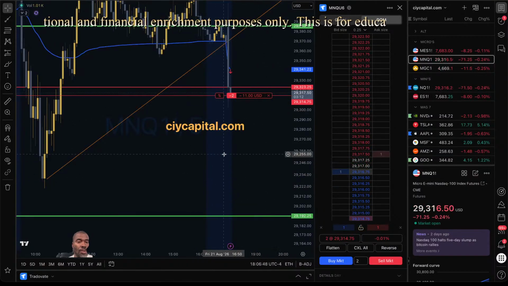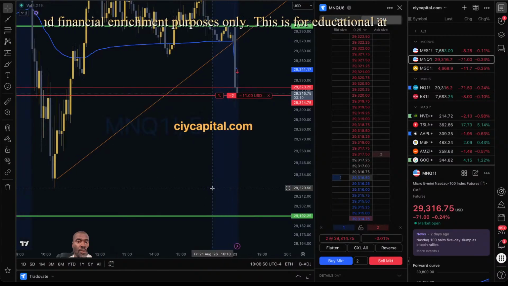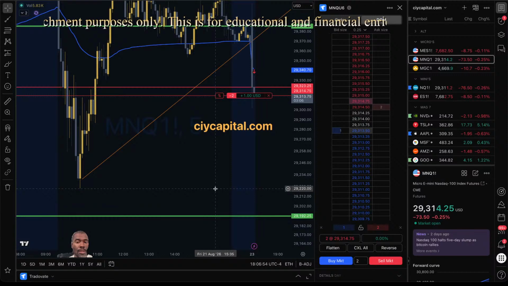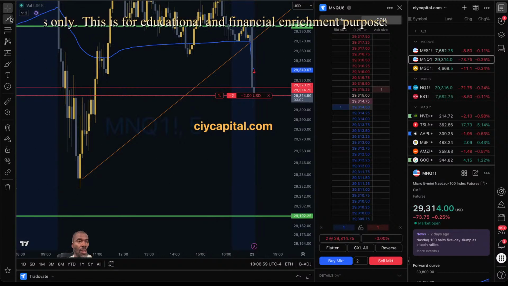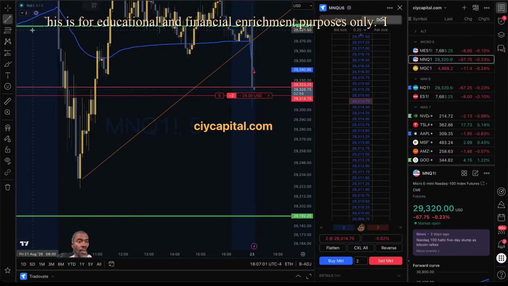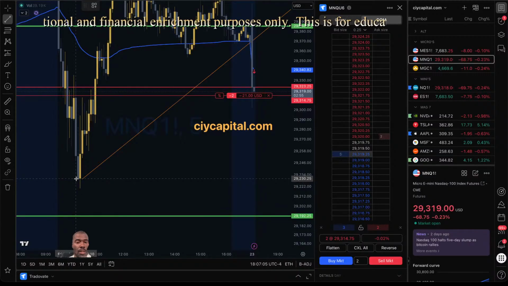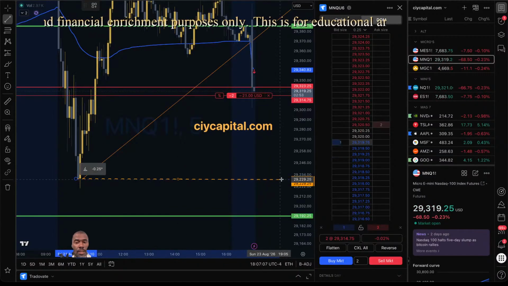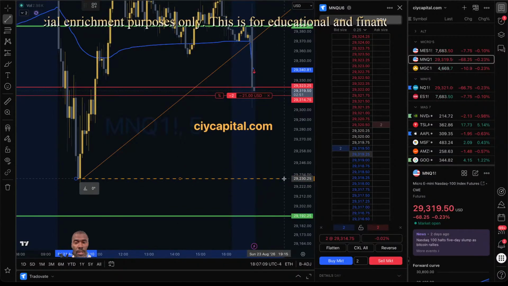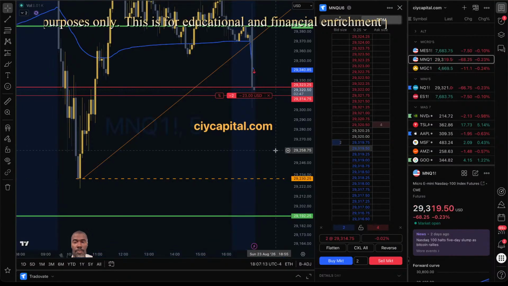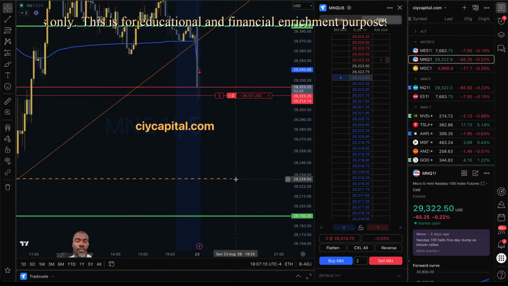Right now, I would go for a gauge to take out Friday's low, which is at 29,220. So I'm going to draw a little line down there, trend line, potential target. But to be on a nice conservative side, let's go right here at 29,230.